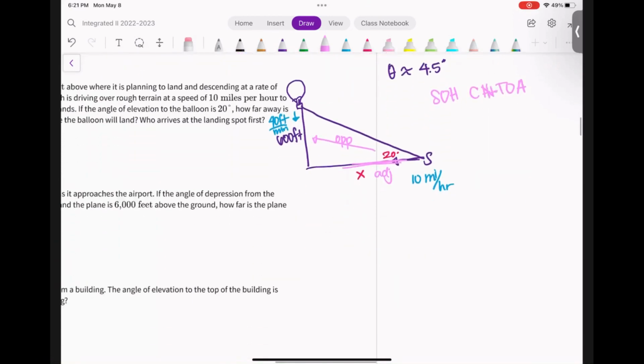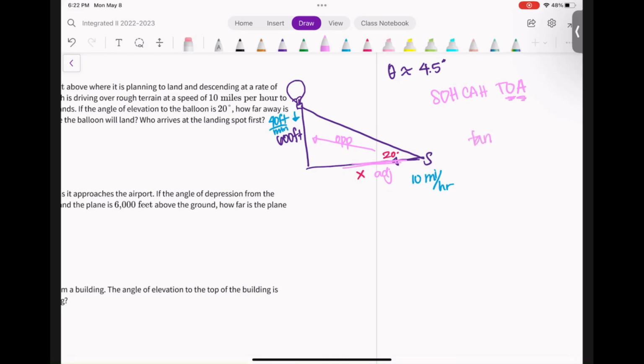There you go. So they gave me opposite and adjacent. Which ratio is going to be best for me to help find this distance? Because they gave me opposite and adjacent, it's going to be tangent.